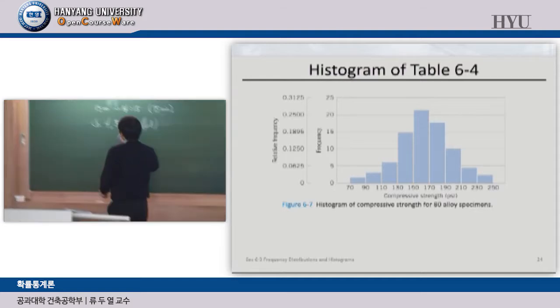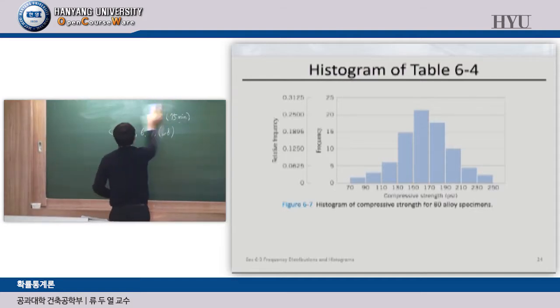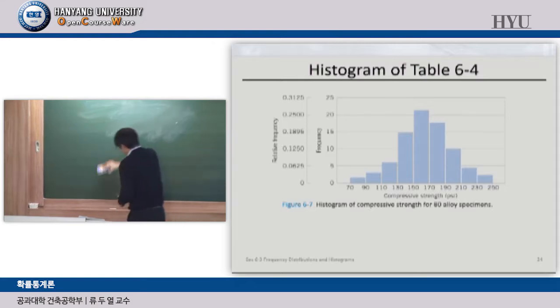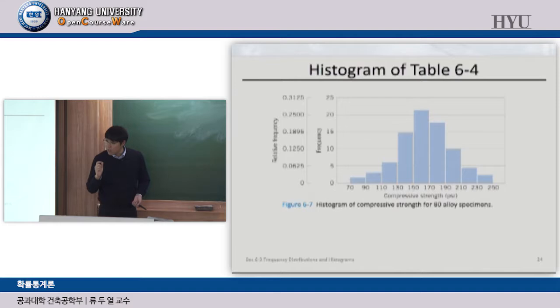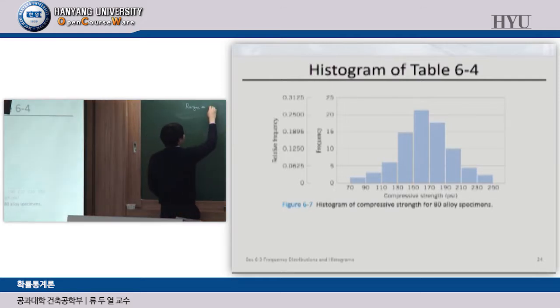If we review the previous class, we first need to calculate the range of the observations. The range was equal to the maximum value minus the minimum value, right?